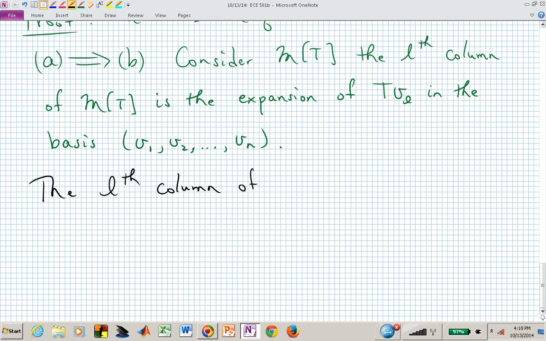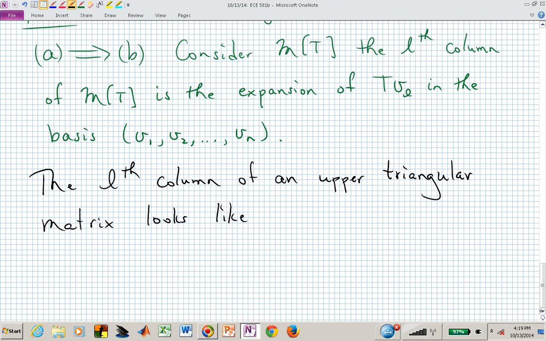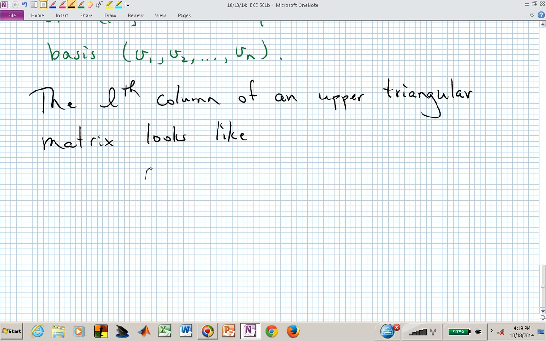It's 0 below the diagonal and potentially non-zero above the diagonal, and the diagonal entry we're going to keep there. So what does the nth column of an upper triangular matrix look like?